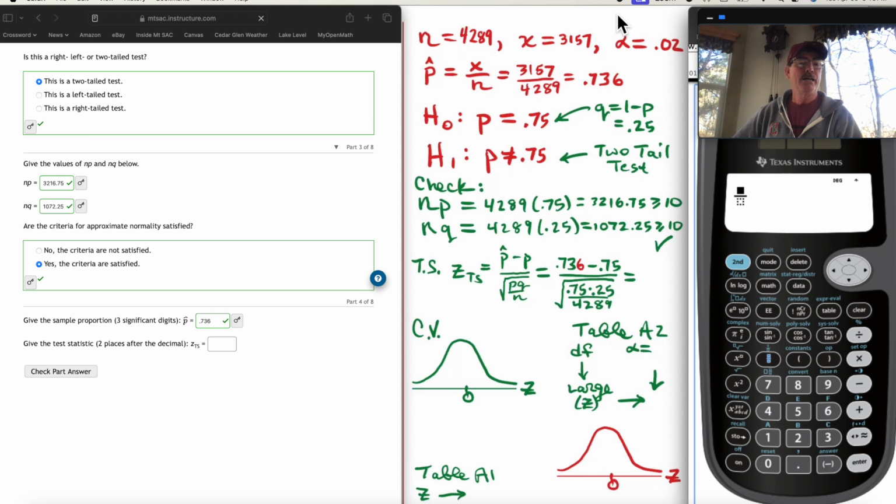Okay, so now I unfortunately have seen a little problem here. If you notice, I had a 0.737 here that I have just repaired to a 0.736, which was the correct value. So I'm going to go ahead and use that correct value here as I compute the test statistic.